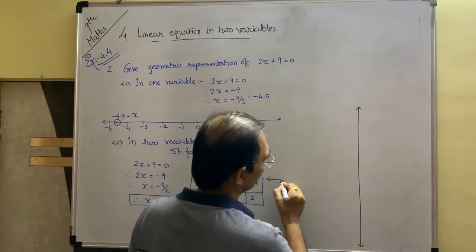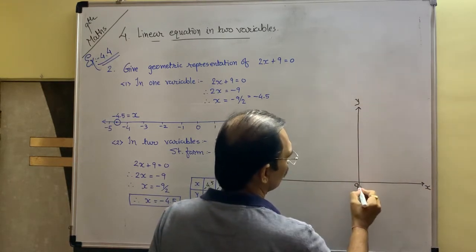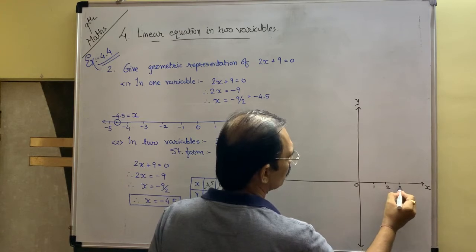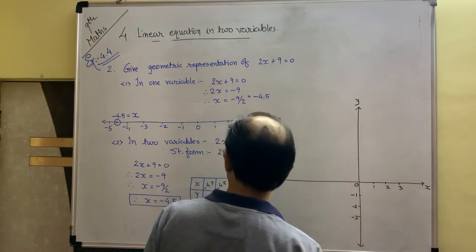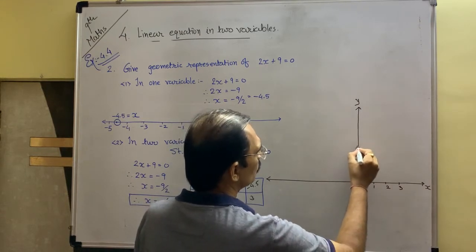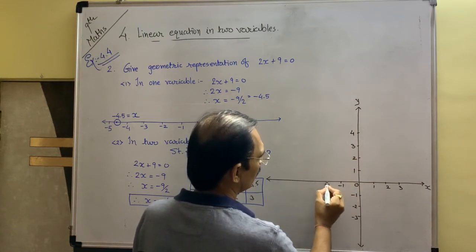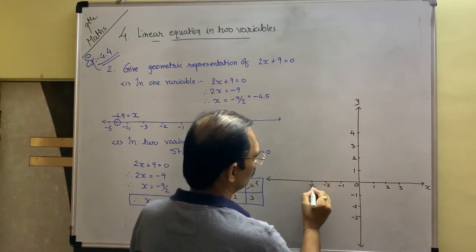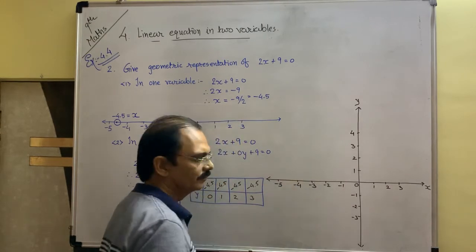Y-axis, x-axis, origin, 1, 2, 3, minus 1, minus 2, minus 3; y 1, 2, 3, 4, here minus 1, minus 2, minus 3, minus 4 and minus 5.